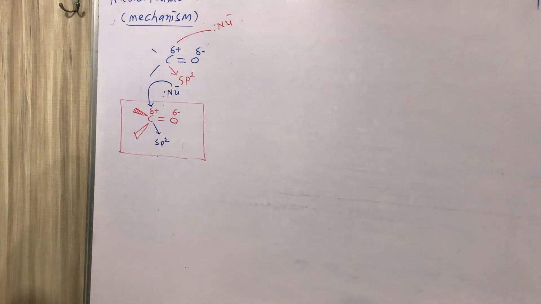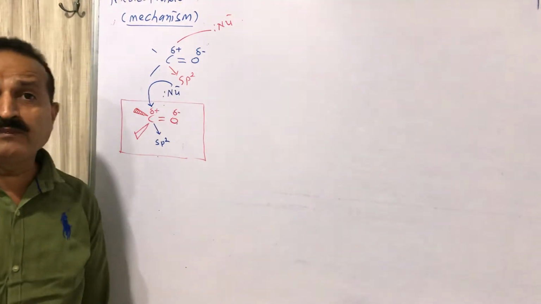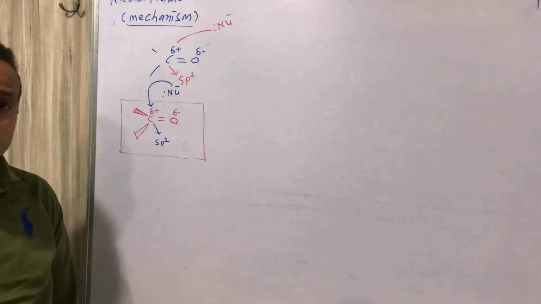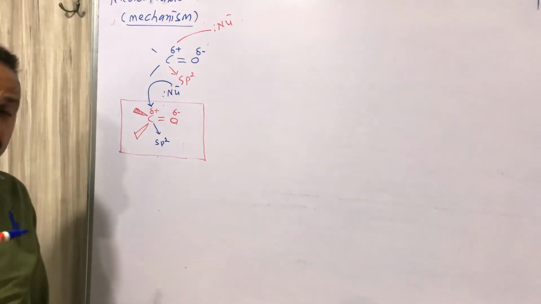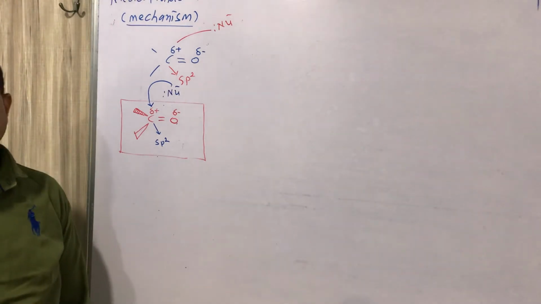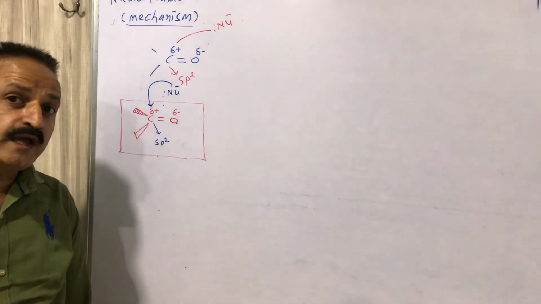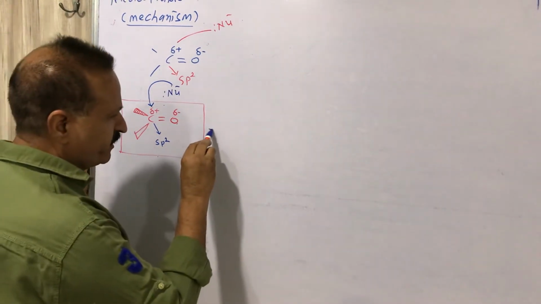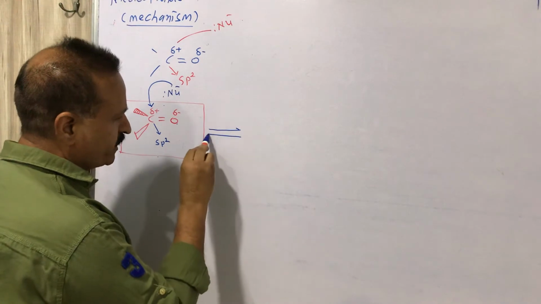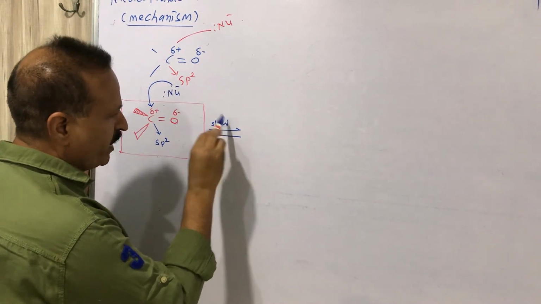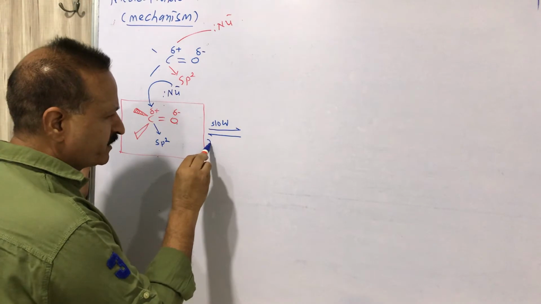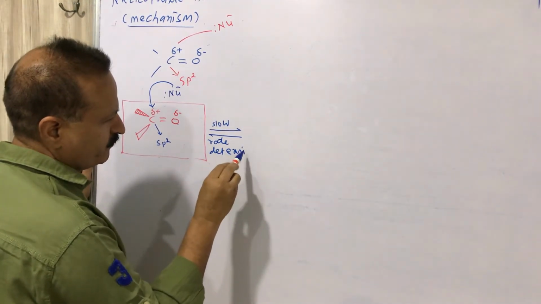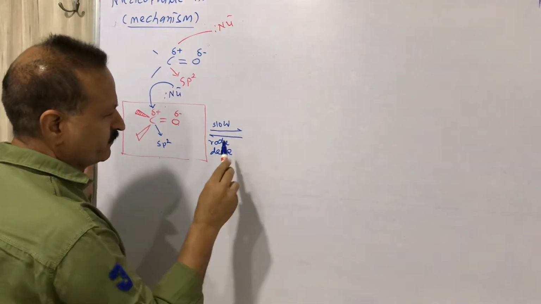Now we have an intermediate product, that is tetrahedral, and it is an alkoxide ion. So sp2 hybridized carbon will convert into sp3. How is it done? It is a slow and reversible reaction, and it is the rate determining reaction.